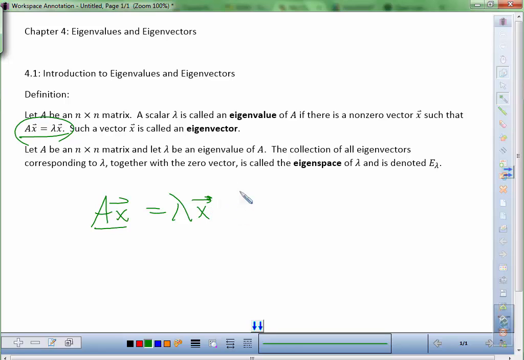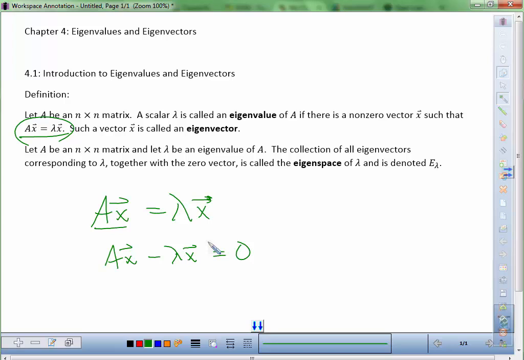So what we can do is some equation manipulation to help us find this. If we bring the lambda x over to the other side, we're going to get 0 on the right-hand side here.